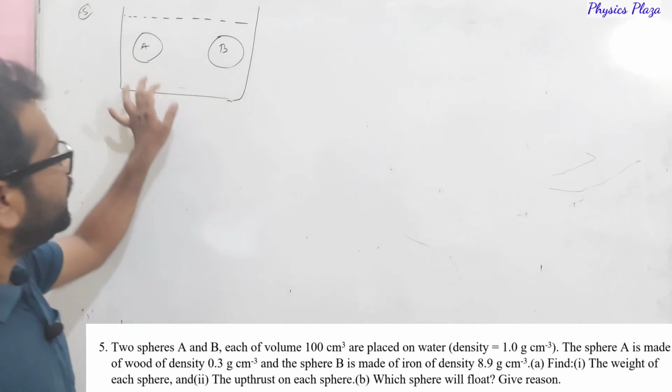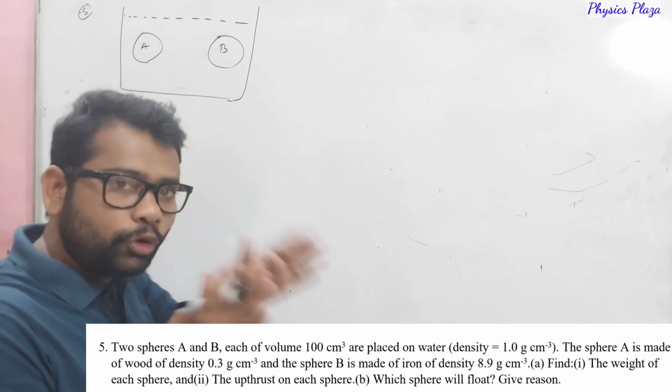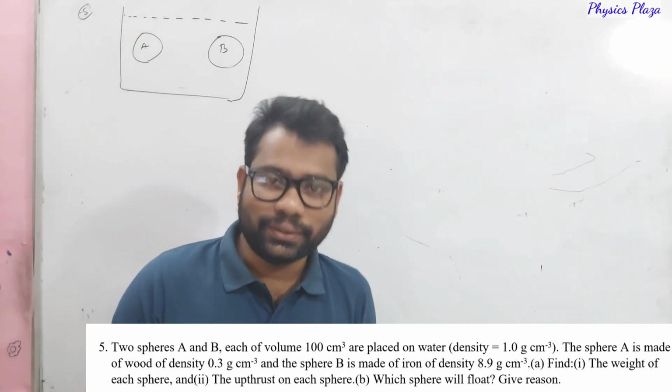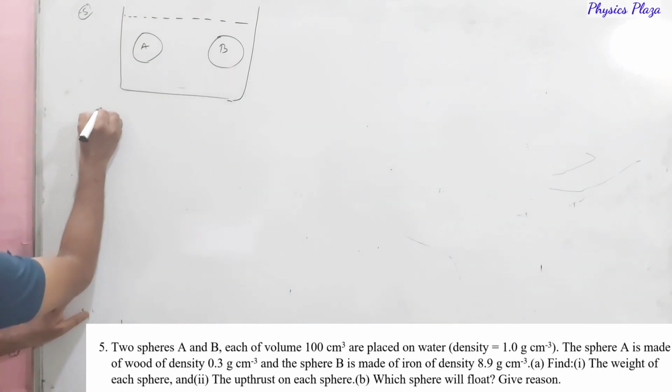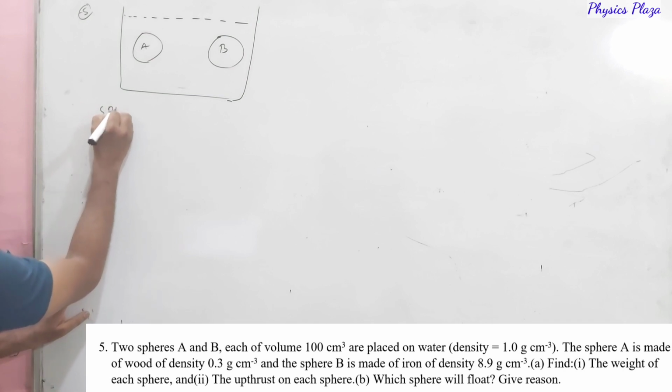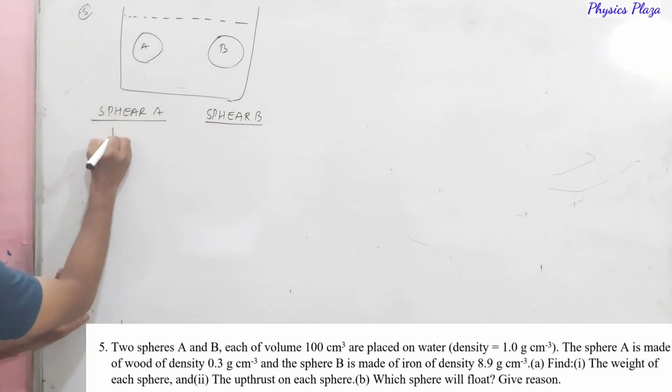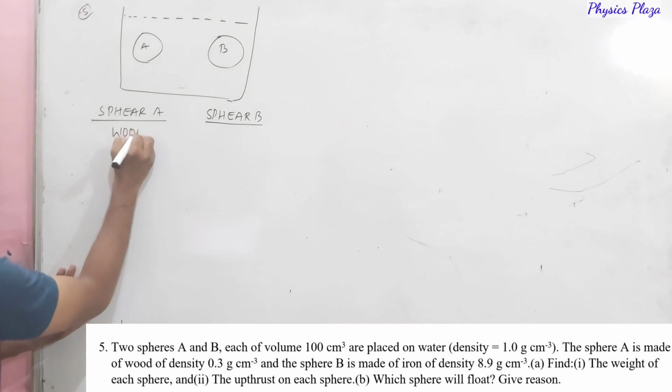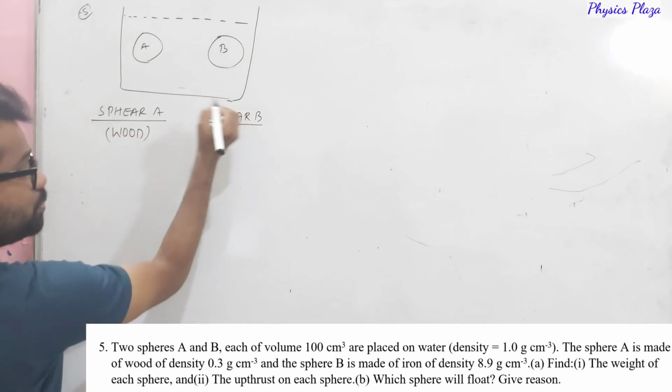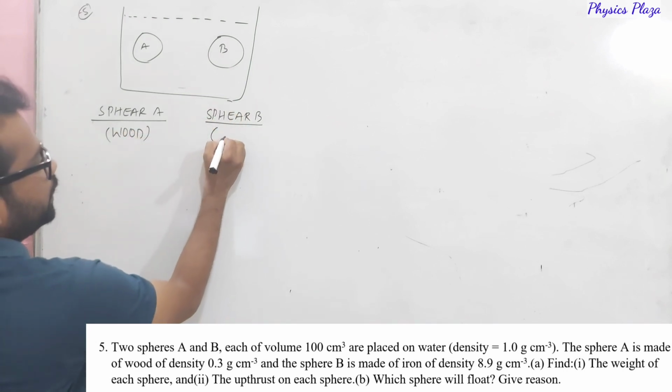But the thing is that A is made of wood and B is made of iron.